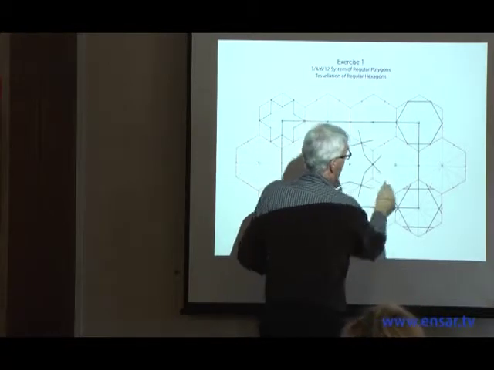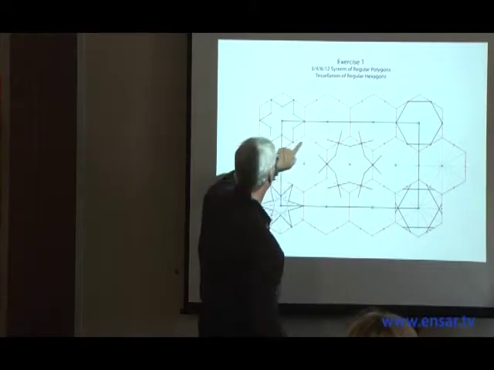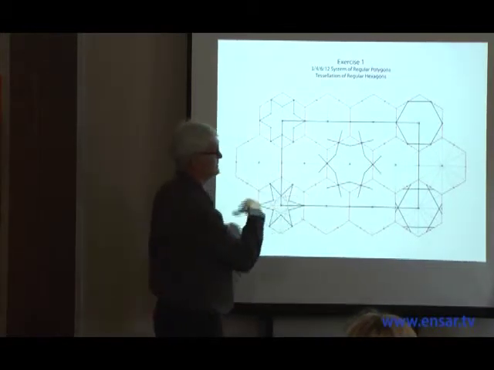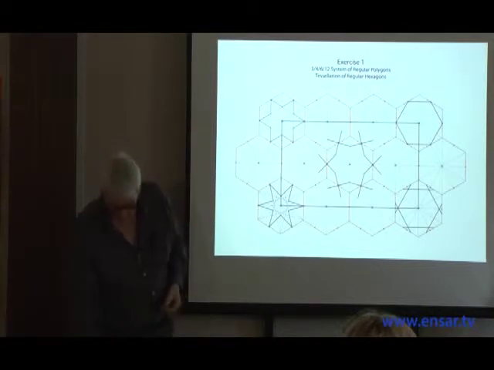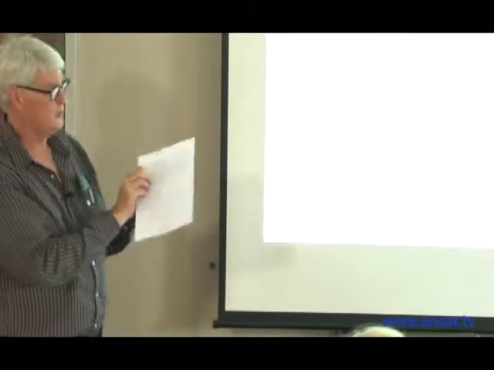If it's this one here, you'll see one line will go through the midpoints all the way. But choose one or two of them, and you've got an upper and a lower group of them. So do a couple of them. Don't worry about filling it all in.